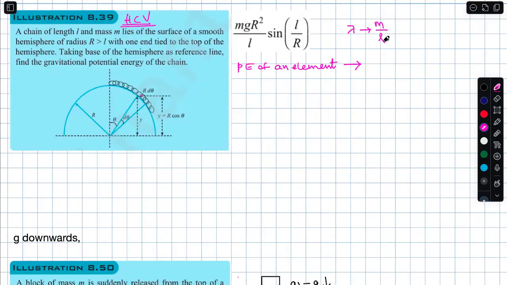The total length is L, so the potential energy is lambda R d theta times g times R cos theta. MGH, another H.